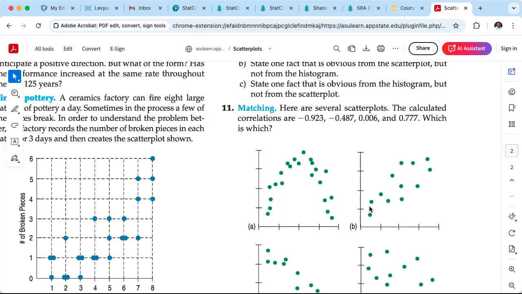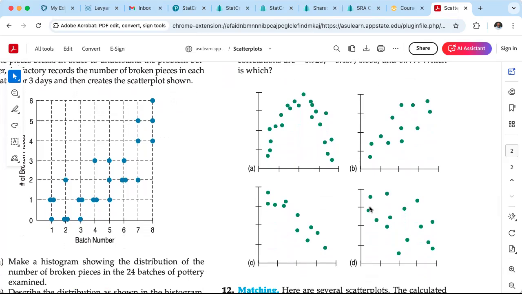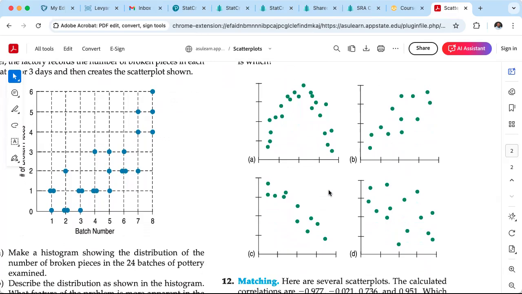Are we all okay? Let's get to the next one. Now we've taken B out. Which of these three left has a negative direction? C and D. Is that okay? Now that we've seen two, let's rank them. Which of these is strongly negative?